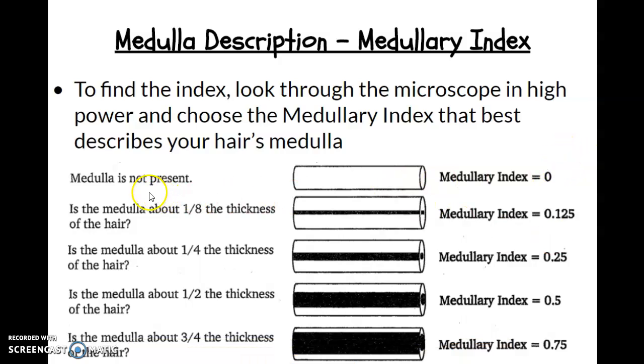And if you look, 1/8 is equal to 0.125, 1/4 is equal to 0.25, 1/2 is equal to 0.5, and then 3/4 is equal to 0.75. So you'll use this to determine how thick the medulla is.